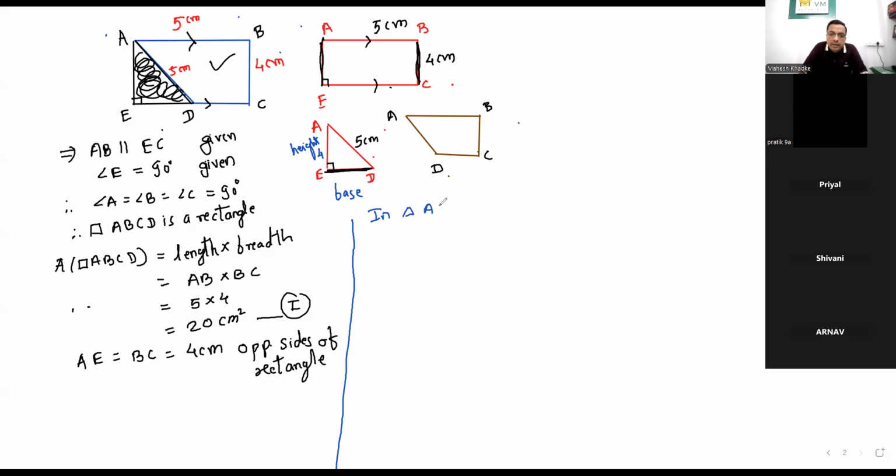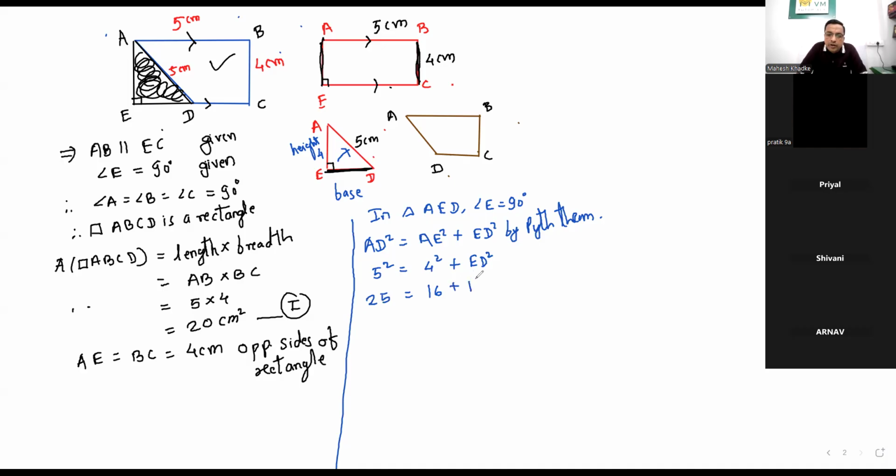In triangle AED, angle E is equal to 90 degree. So again, which one is the hypotenuse? E के opposite है AD, so AD is the hypotenuse. Hypotenuse square is equal to AE का square plus ED का square by Pythagoras theorem. So value of AD is 5 square, AE is 4 square, and ED not given. 5 का स्क्वायर 25, 4 का स्क्वायर 16, ED not given.